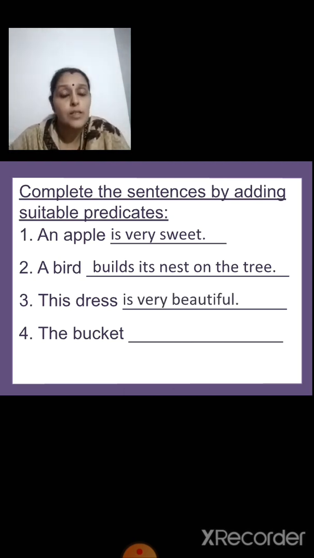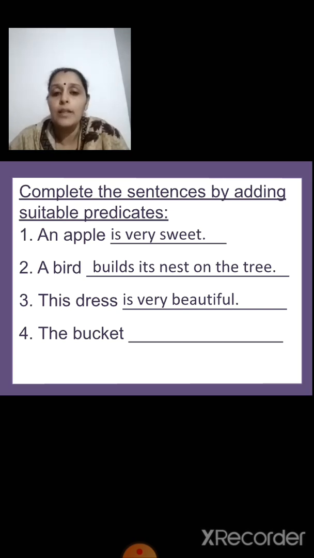This dress is very beautiful. You can write anything else, children. You can write this dress is pink in color. This dress is dirty. This dress is too big for me. Yes. So I have written that this dress is very beautiful.